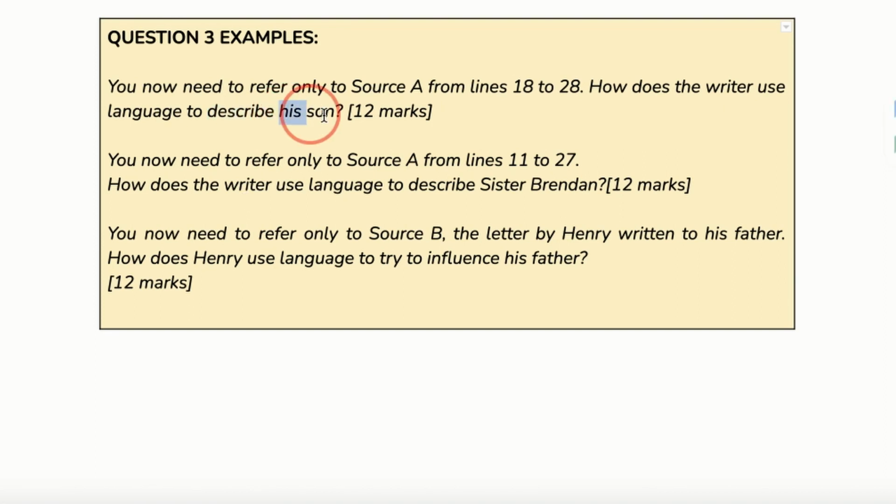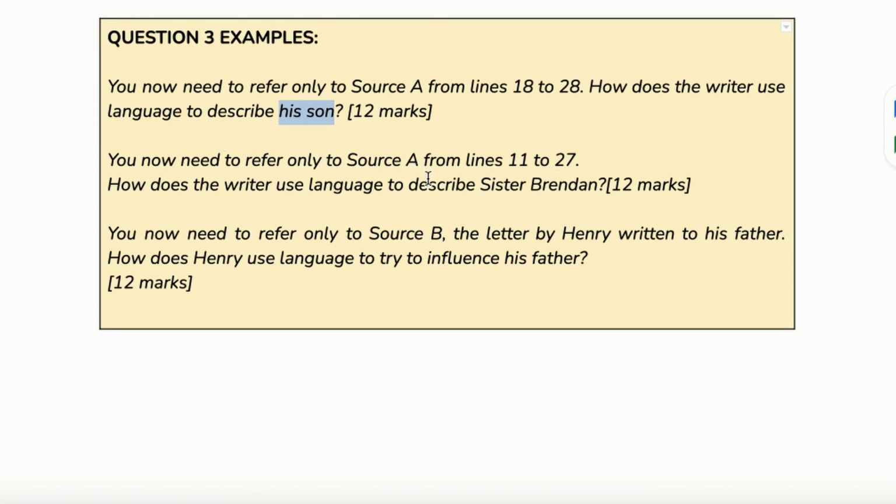His son is the focus. So you're not just looking generally at the descriptive language, you're looking specifically at the son and thinking, how do all of the techniques he uses and the way he writes about his son create a specific type of person in our minds? So it's a kind of characterization question in that way, and some of them are characterization questions.